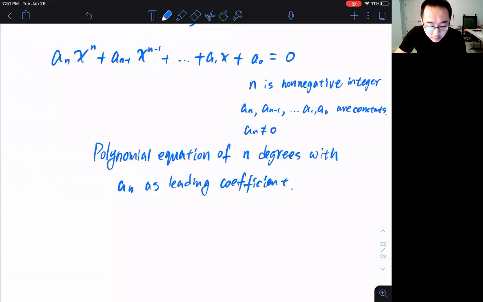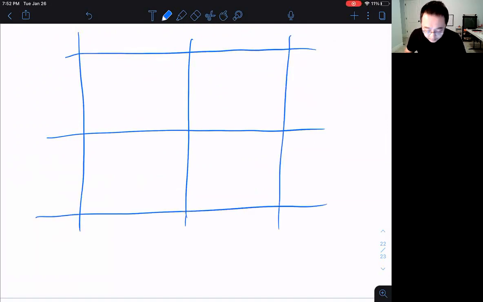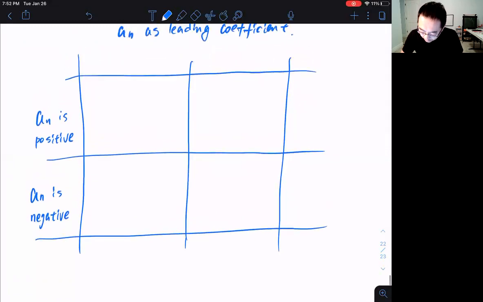Now, when it comes to a polynomial, I don't know if your website gives you this nice table or not, but if we look at the possibilities, where a_n is positive versus a_n is negative, so it depends on the coefficient for the first term, the highest power term of x in your equation, and where n is even, so you have an even degree polynomial function, versus n is odd.